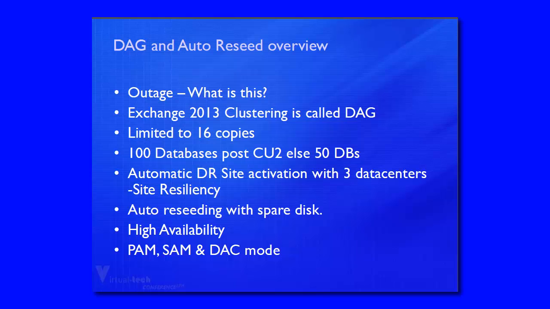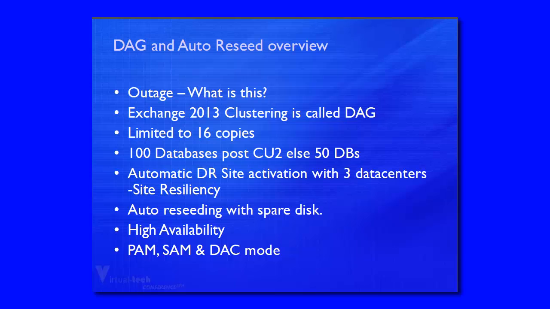Now, in Exchange 2013, initially Microsoft reduced the number of databases to 50, but looking at the requirement, they have increased it back to 100 databases, which was the limit in Exchange 2010. I worked for one of my customers where we had 48 databases, all of over 1 terabyte.